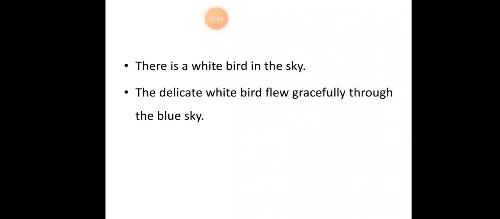So this is the idea of imagery. You use words and adjectives in order to enable the reader to draw a mental picture of the thing that you are describing.